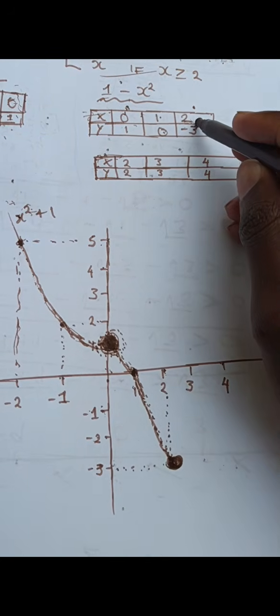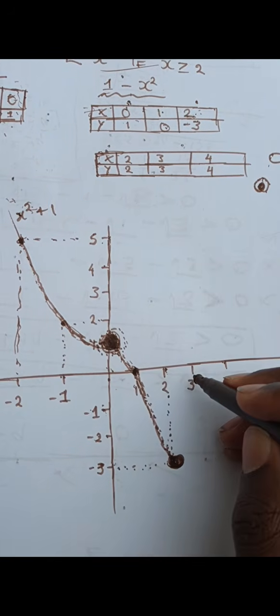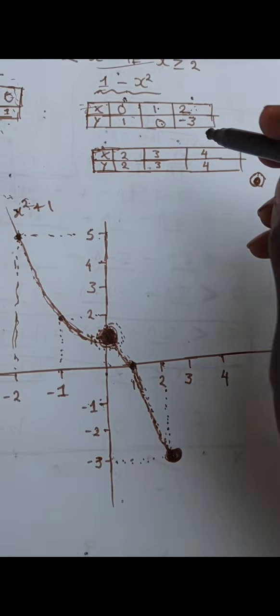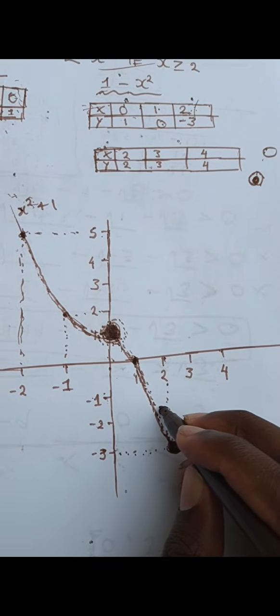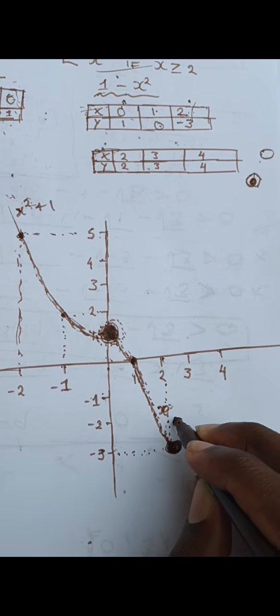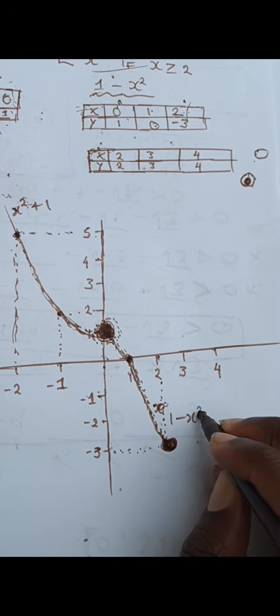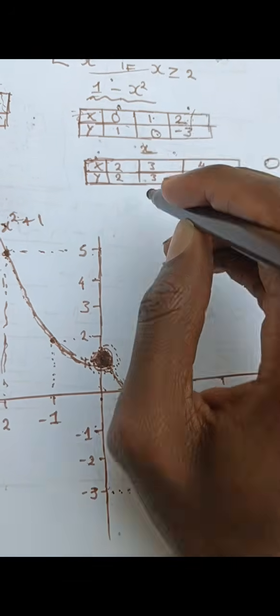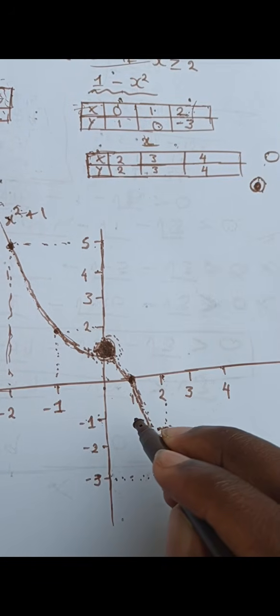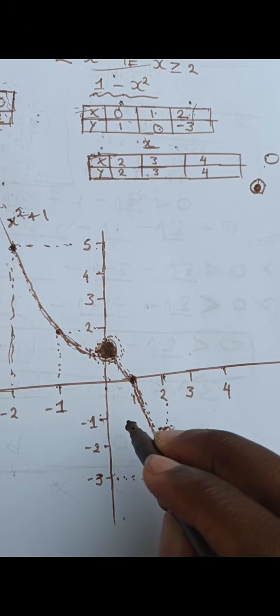Okay, now let's shade this one. Oh yeah, this one we are done. So you can even indicate that this is 1 minus x power 2. So let's now graph this one, which is y is equal to x.